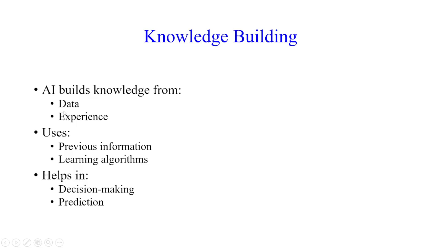When I say AI builds knowledge from data, the AI system processes thousands of examples and begins to identify the patterns. It's not going to memorize each example, it generalizes from them.